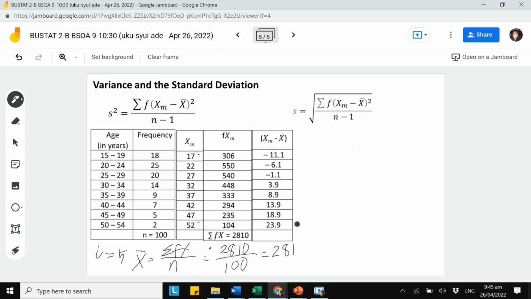So ang gagawin nyo lang para makuha nyo dito is i-subtract ninyo si x with the mean. Let me subtract negative.